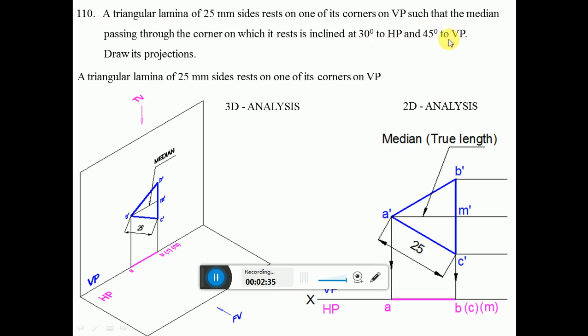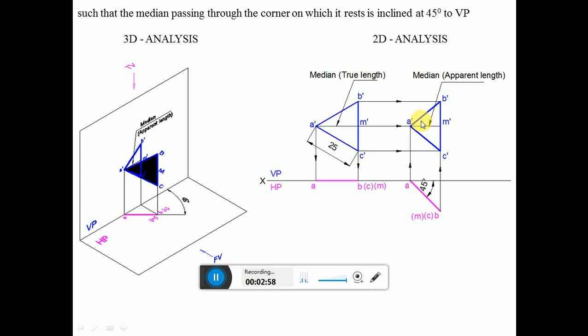So both are true inclinations, and obviously the median which has to be considered also has to be in true length. That is the reason why we consider A dash M dash, which is parallel to VP, so I am getting the true length in the vertical plane. This is the 2D analysis.